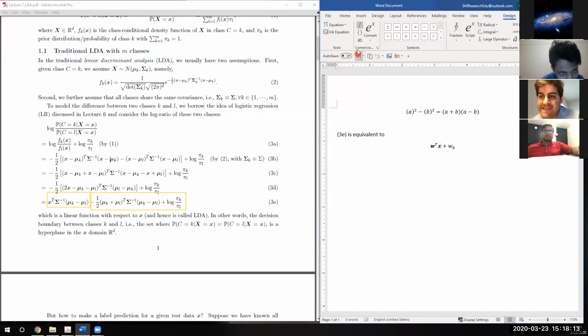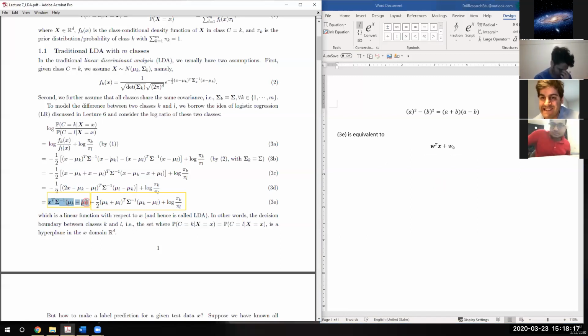You know what I mean? This x is this x, and the w transpose is actually this item, inverse of sigma times mu k minus mu l, okay? And this whole item is nothing but w0.